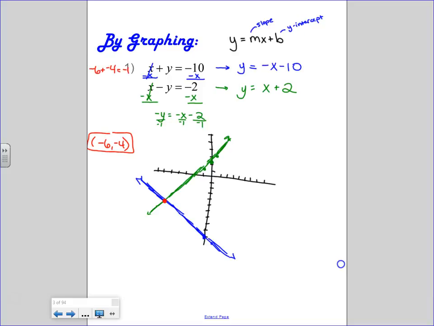Now guys, why is this not a very good method? Why is it not very precise? It takes a while. Right? Like I skipped some steps and I kind of had one answer and I guessed a couple other answers. That's horrible for math. Who wants to be guessing stuff, right? Now the nice thing is, in your 5-1 to 5-4 quiz in your book, they draw the graphs for you.